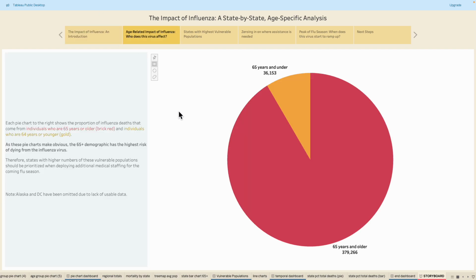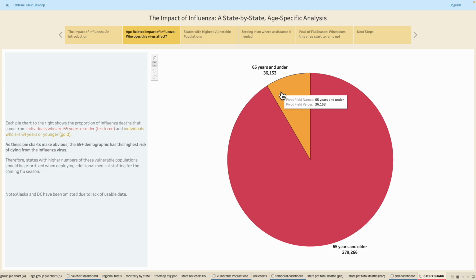So what we're looking at here is just a simple breakdown of over 65 versus under 65, in terms of where these flu deaths are happening and in what age groups. This larger red portion here represents our population that is over 65 for the entire country.